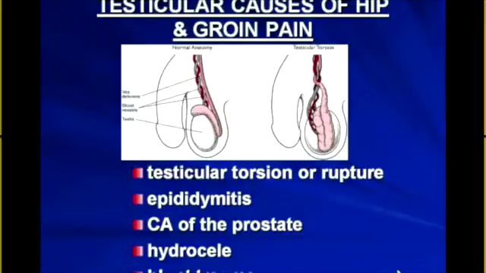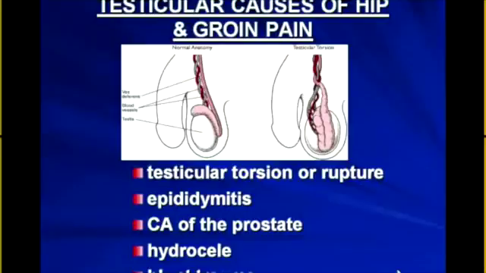In this case, the venous or arterial blood flow may be insufficient, and so the groin pain is extremely severe. And again, this needs to be dealt with immediately, otherwise the male may be rendered impotent. So again, there may be swelling, there may be vomiting, nausea, and again, following trauma to this area.